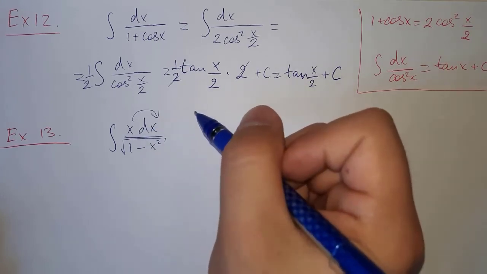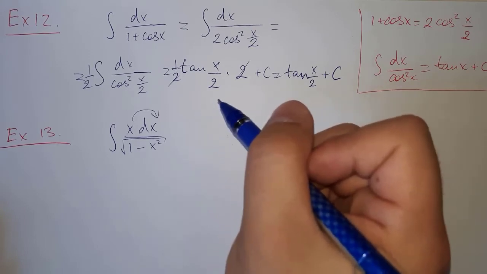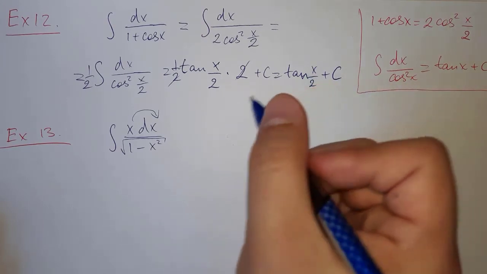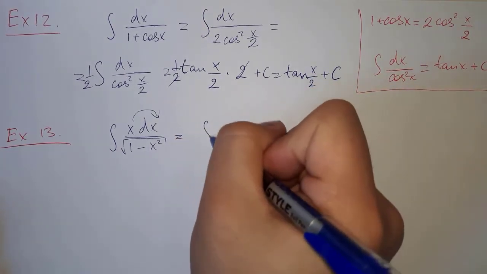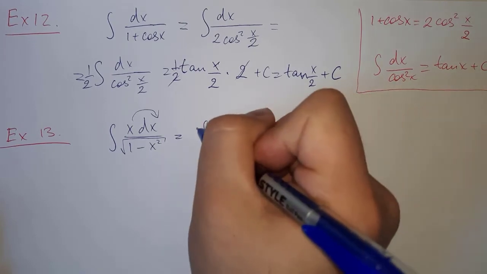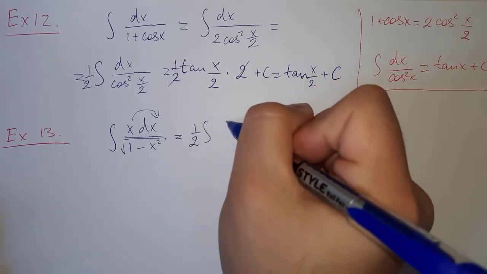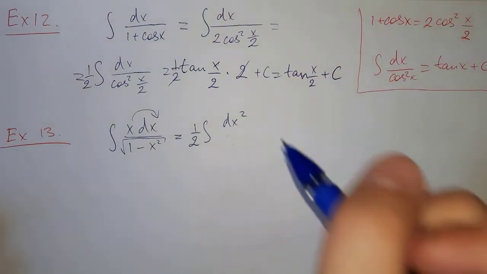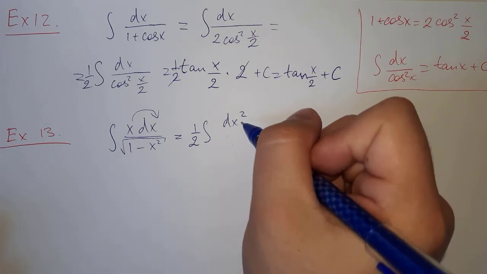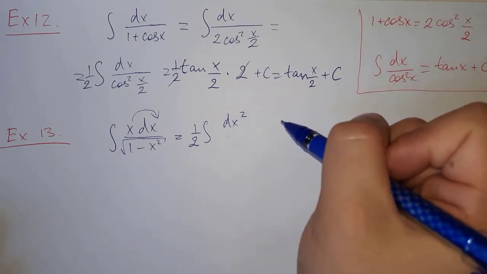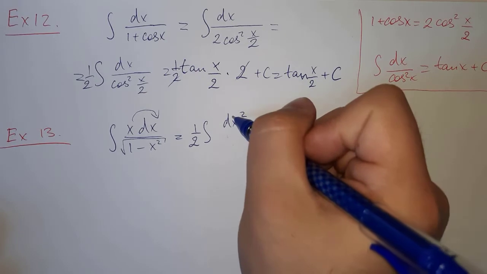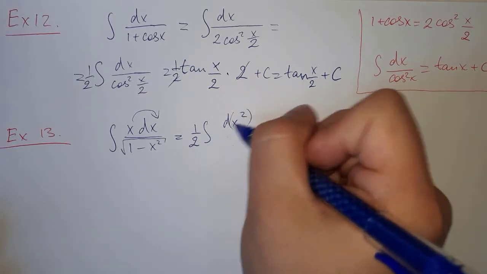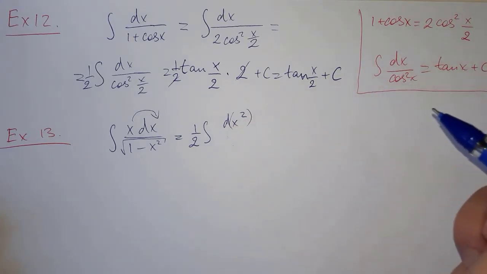This is x squared, and we have 2x in the derivative. So we can write it as the integral of 1 over 2 dx squared. If we complete the differential from x squared, it will be 2x dx, and the 2 and 2 cancel, and we have just x dx.